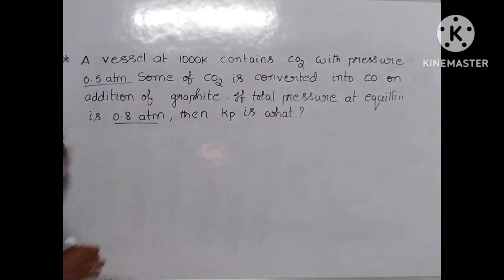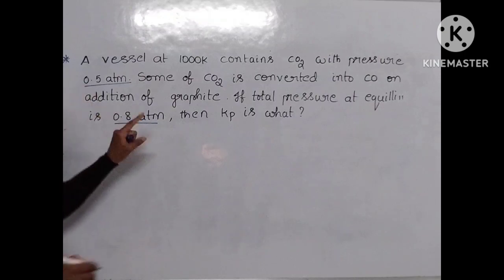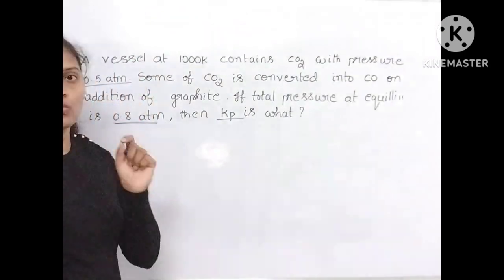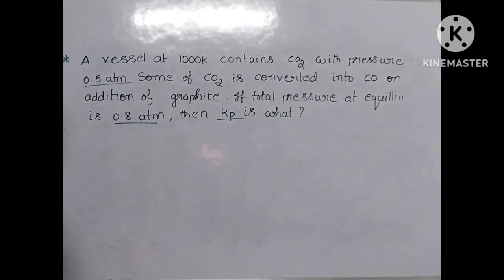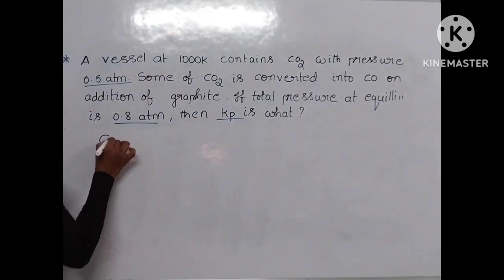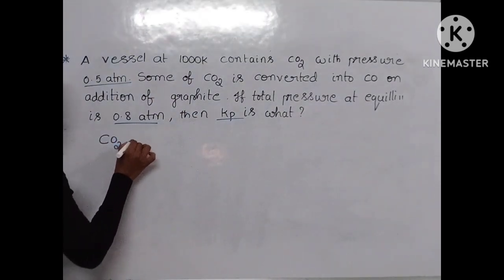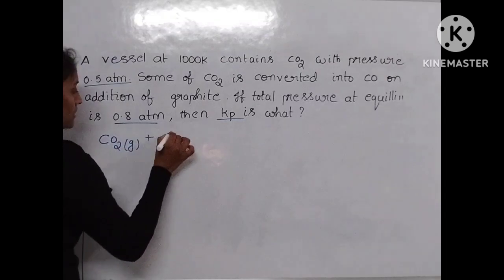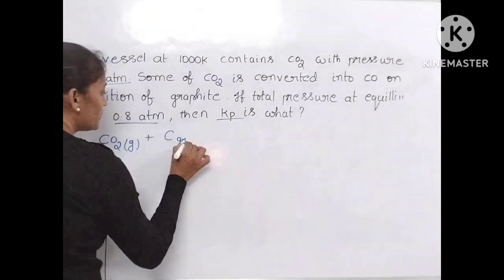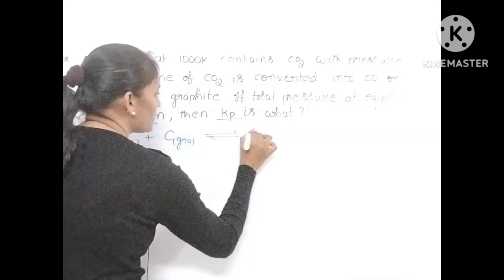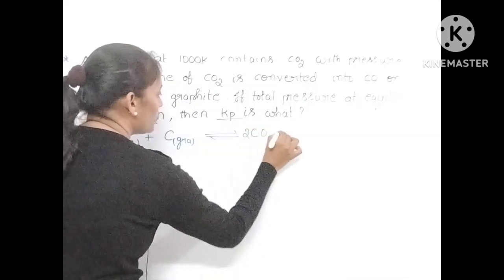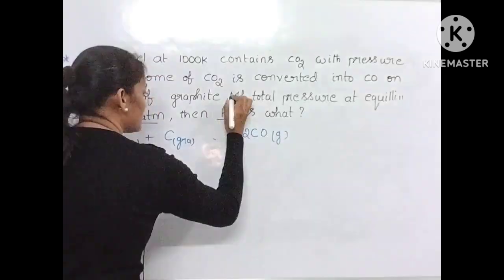The initial pressure is 0.5 atm. Then we need to calculate what the Kp value is. So you need to frame one equation for this. CO2 gas reacting with carbon in the form of graphite, then they will form 2 moles of CO gas.